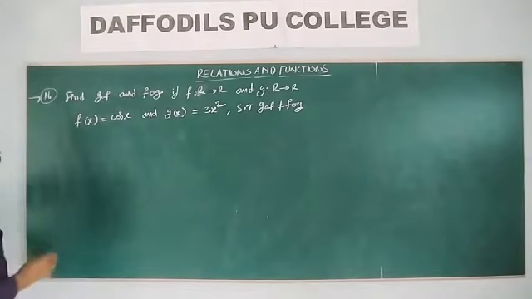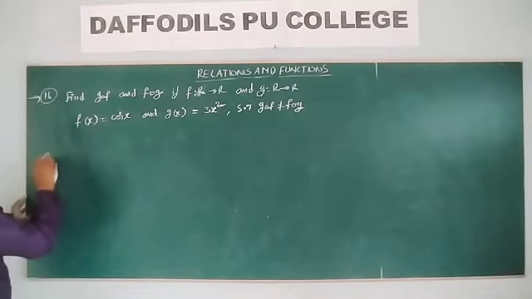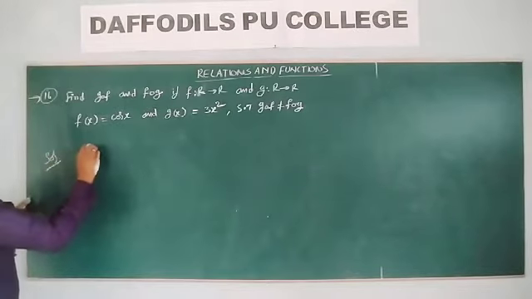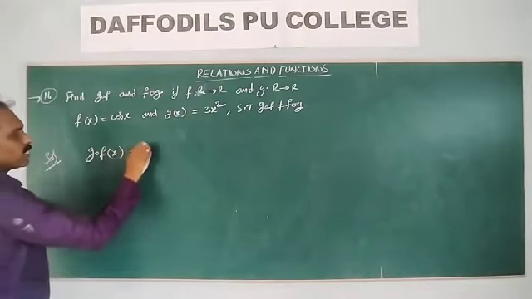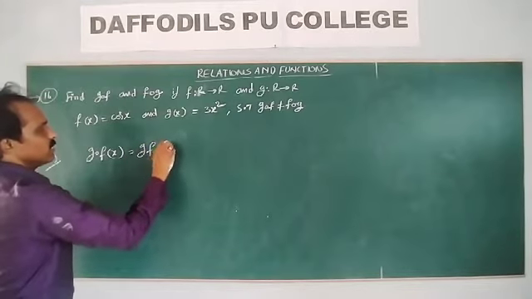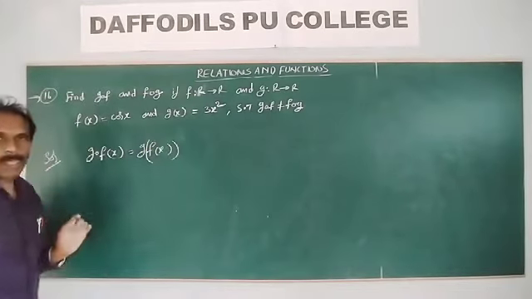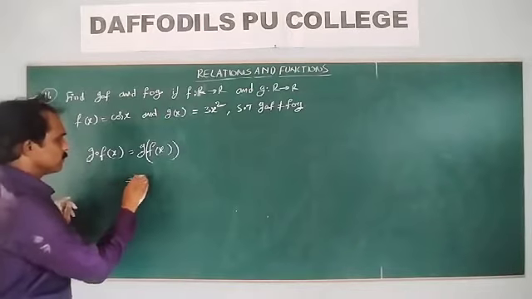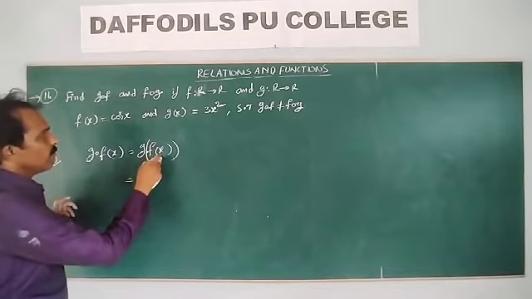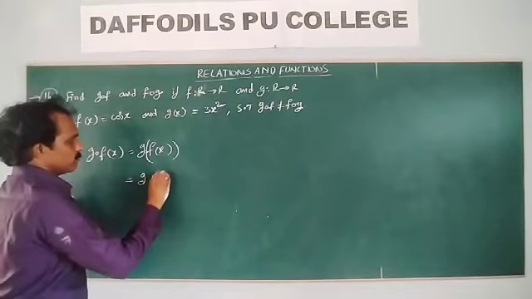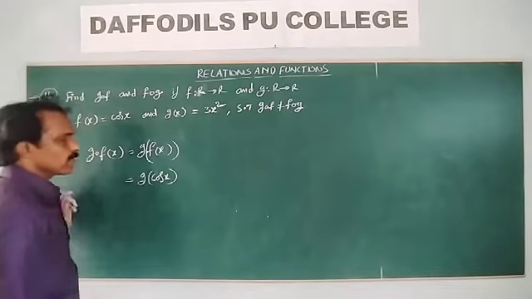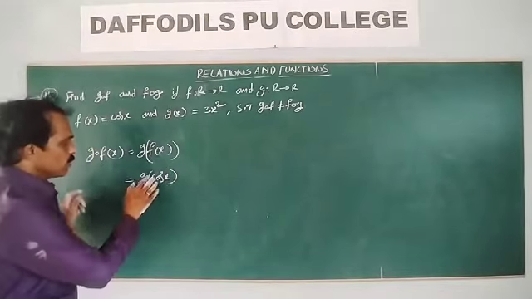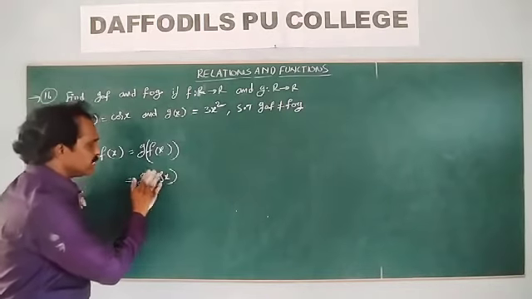Given the functions, first of all find g∘f. g∘f of x can be written as g of f of x. Understand? The value of f of x is cos x. Now this is considered as x in g of x.